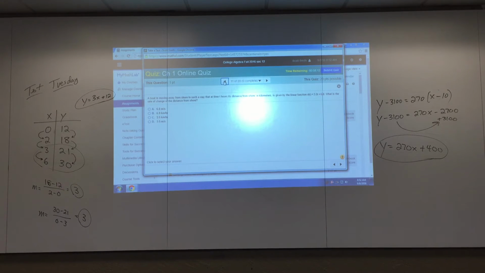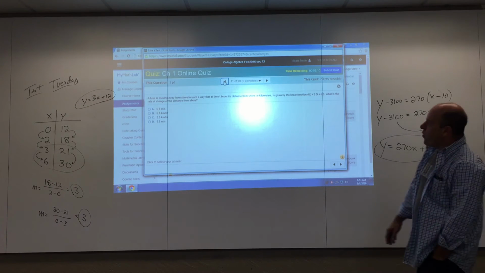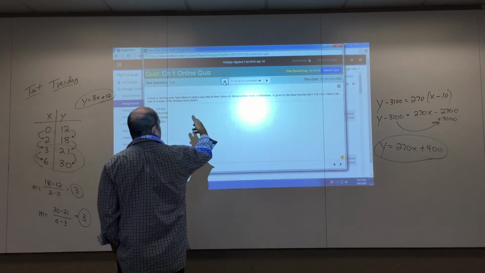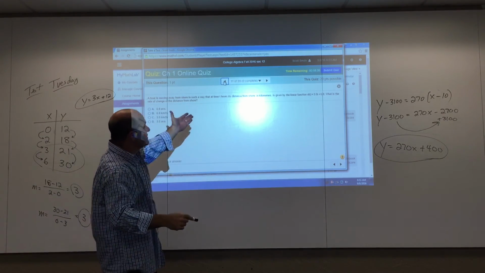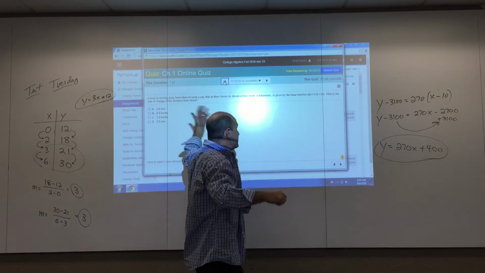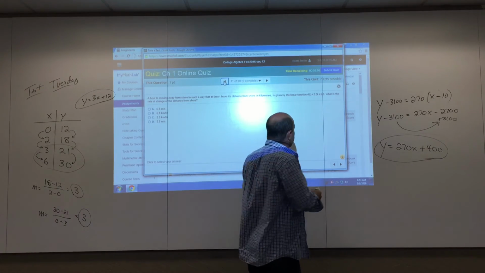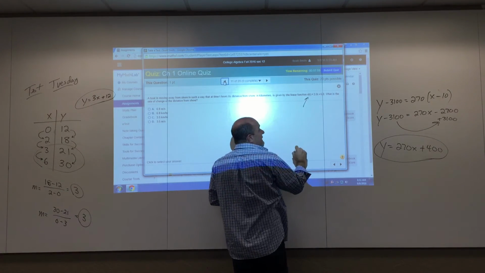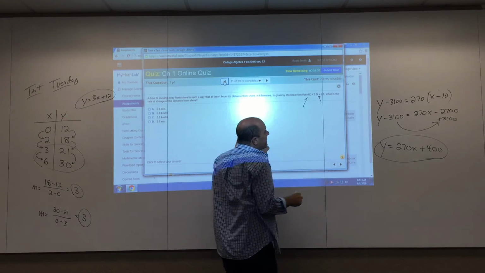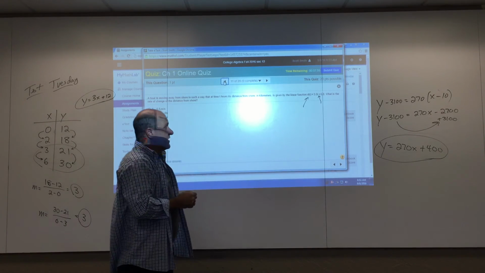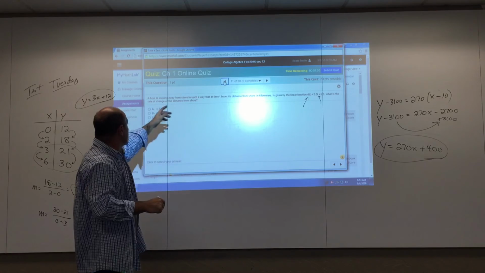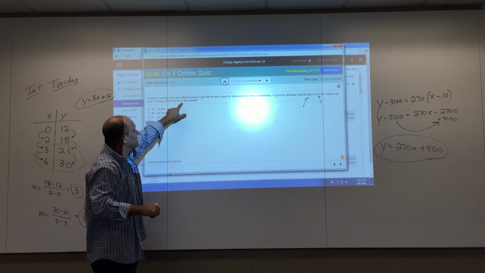A boat is moving away from shore in such a way that at time t hours, its distance from shore in kilometers, I mean, these are just hard to read, is this function. So the distance is the y values, and the t is the time. And if you want to think about its slope, it says, what is the rate of change of the distance from shore?